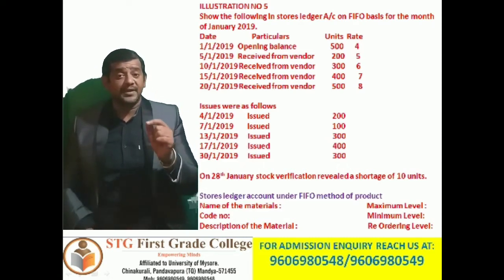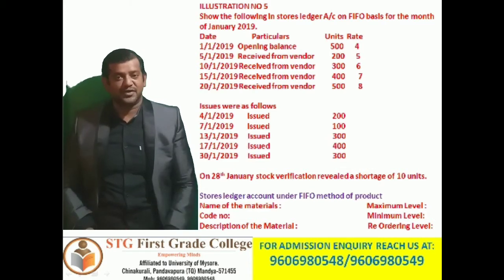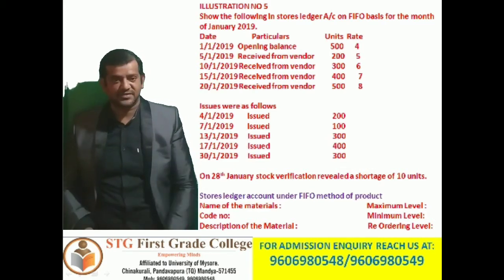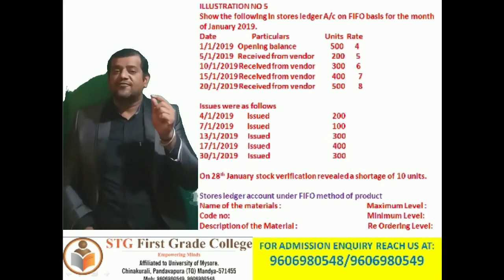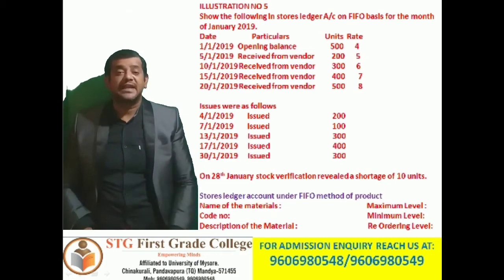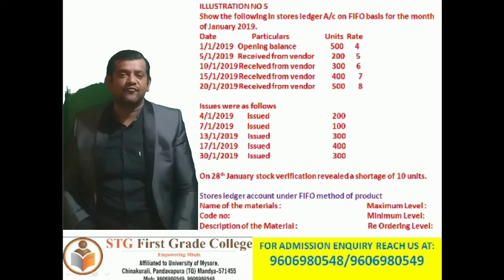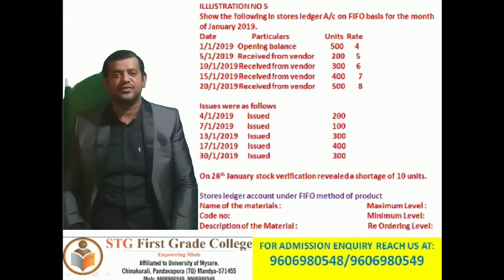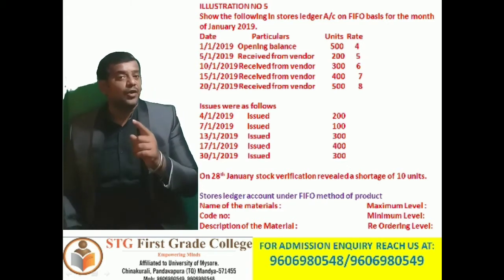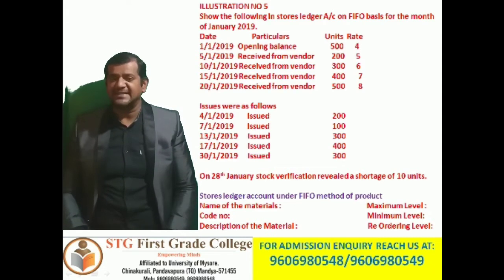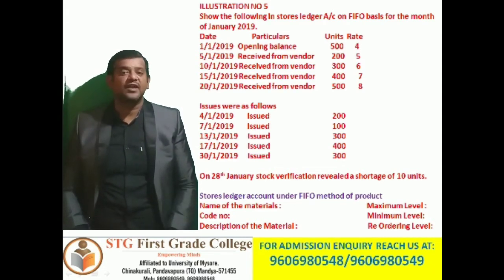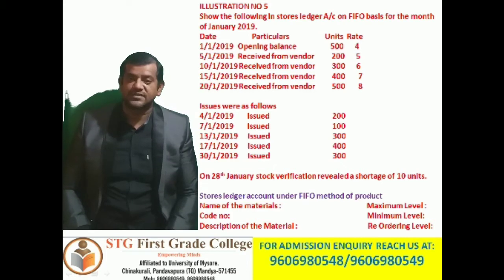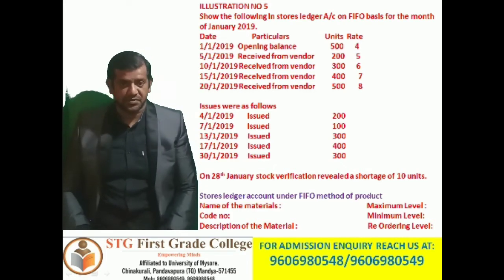On 1/1/2019 opening balance 500 units at rupees 4 per unit. On 5/1/2019 received from vendor 200 units at rupees 5 per unit. On 10/1/2019 received from vendor 300 units at rupees 6 per unit.